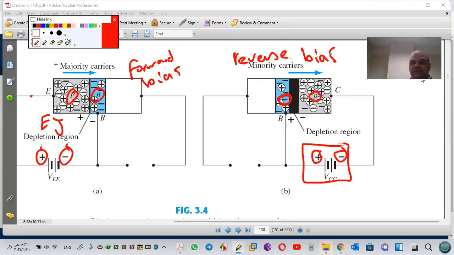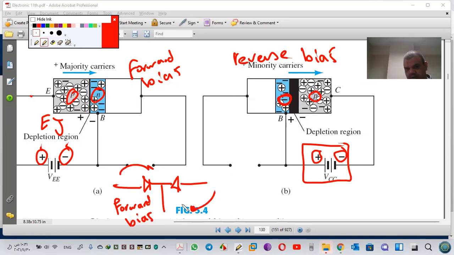Okay, so this is reverse bias. In a transistor this is a new idea: we have forward bias and reverse bias, so we have dual bias.